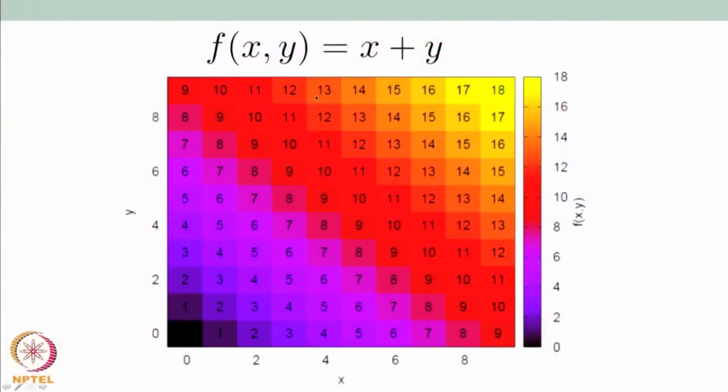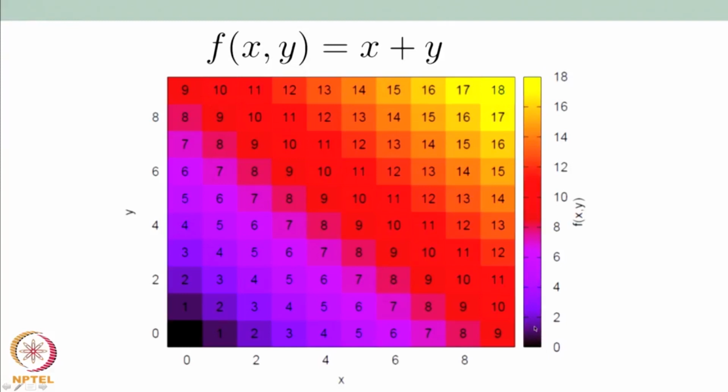So carefully, slowly look at this graph. What I have plotted here is f of x y is x plus y. So if I take here the bottom left corner, x is 0, y is 0, 0 plus 0 is 0, and this color code is also called a heat map sometimes.